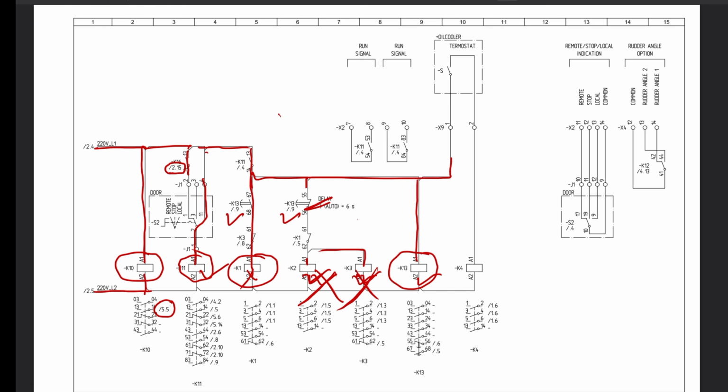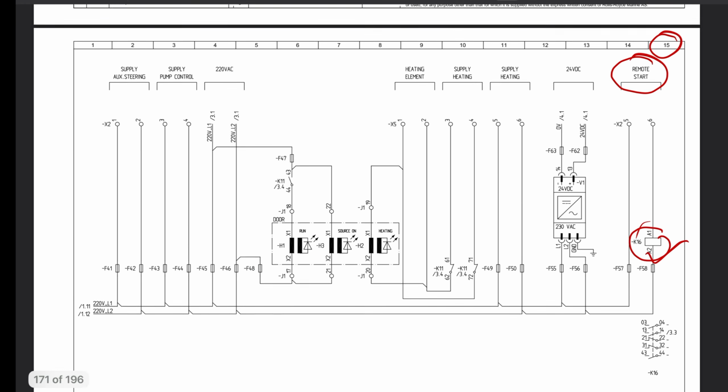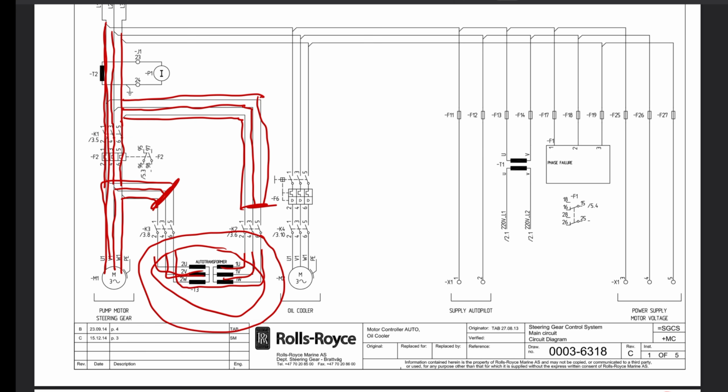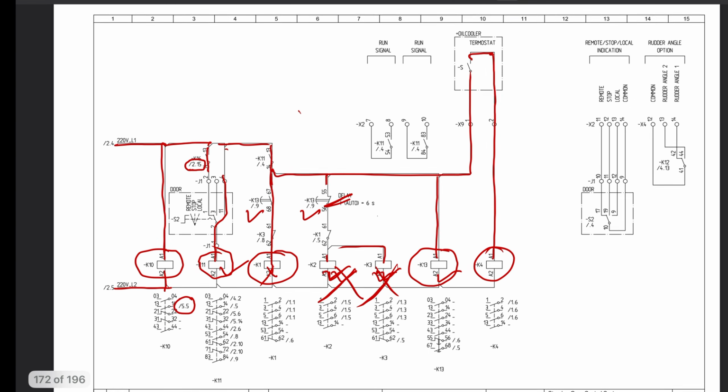Now you can also see this line going to the thermostat. This is for the cooler motor. I told you there is another motor, the K4 relay. So once K4 is energized, here is K4, K4 will close and our oil motor will start. Whenever this motor is running, this will also simultaneously start to cool down the oil.